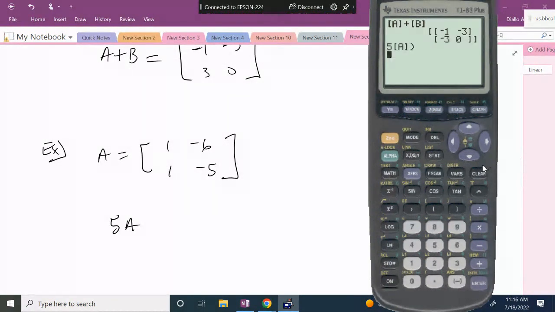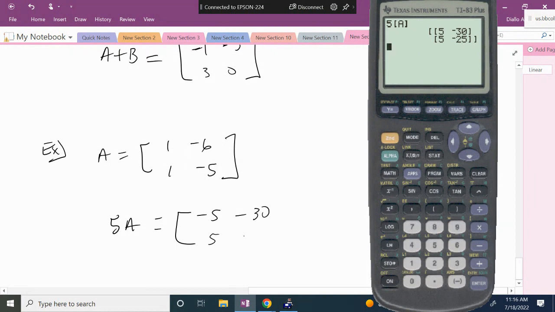Let me just put that in the right way. 5, and then I'm going to recall matrix A. Right. And if I hit enter, it multiplies 5 times matrix A. So we get 5, -30, 5, and -25.